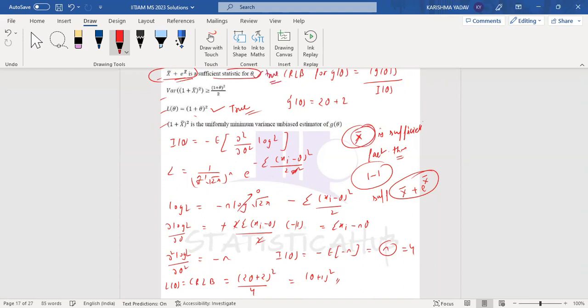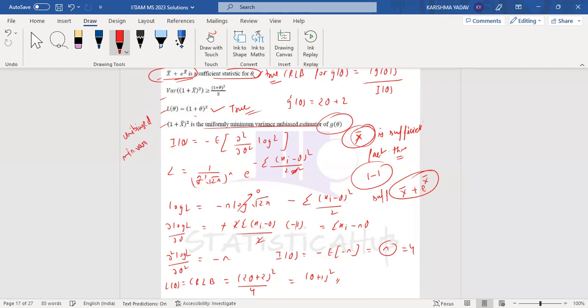Now let's look at this one option, that is 1 plus x bar whole square is UMVUE, the uniformly minimum variance unbiased estimator of g theta. For a UMVUE of g theta, the first thing that has to be satisfied is that it is an unbiased estimator of g theta, and it has the minimum variance.